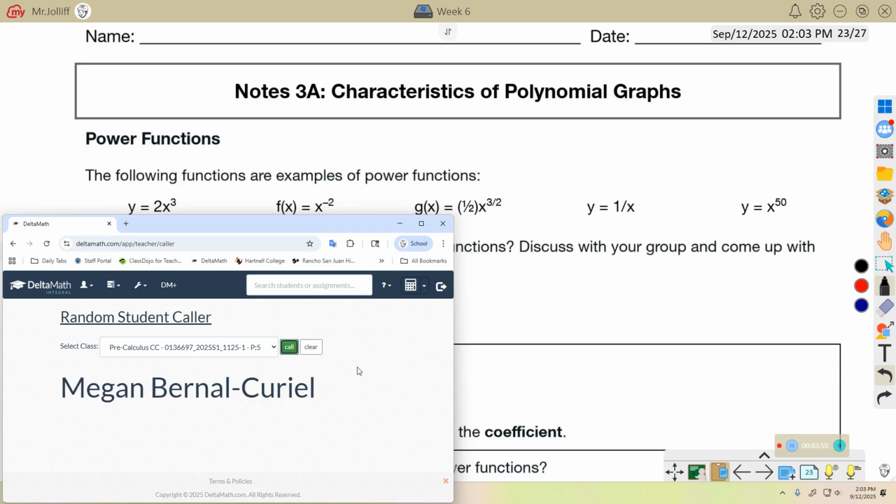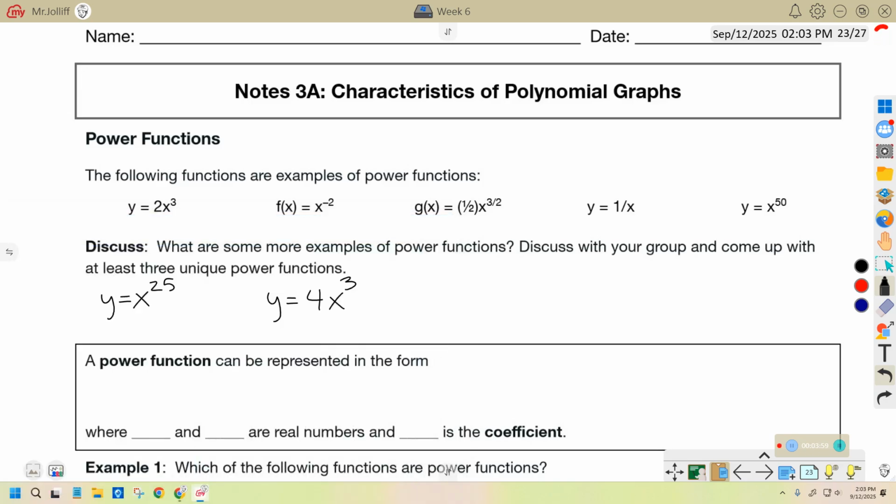Megan. She's going to pick on that back corner table today. What do you got? Do we agree? I see some nodding. Very good. Very good. So the question is, what is the pattern?